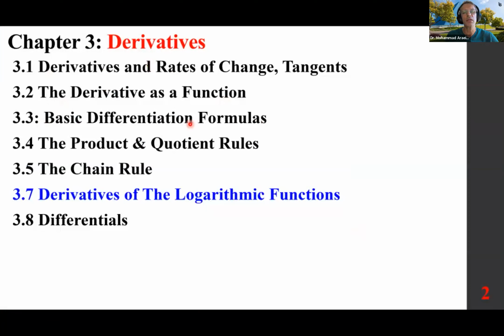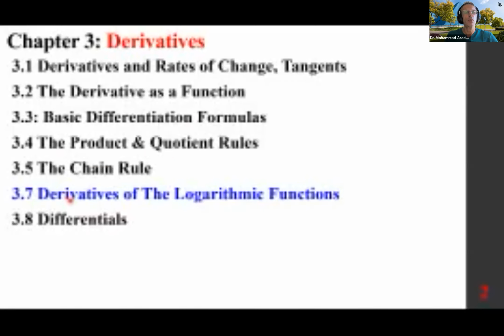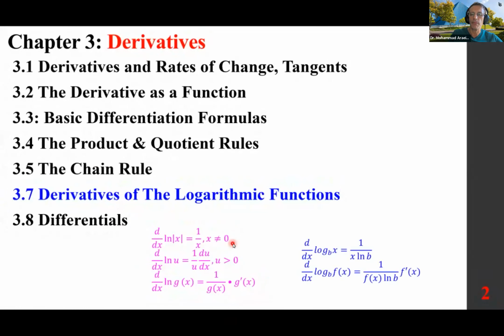We added basic differentiation formulas, the product and quotient rules, the chain rule, and we are going to go over derivatives of log functions. This is the synopsis of that. We will elaborate on those in a moment.